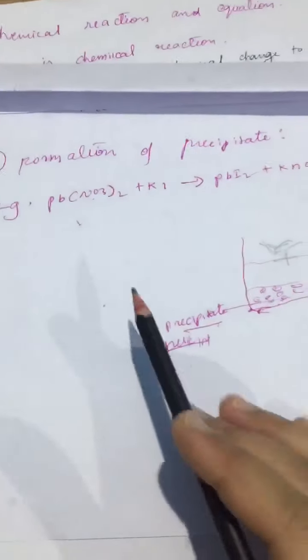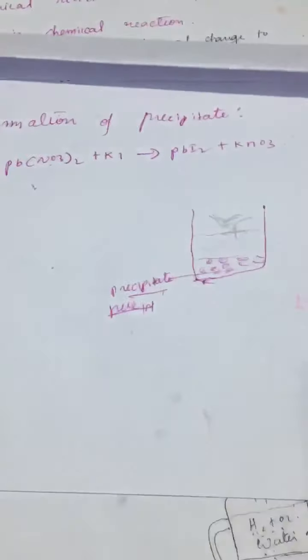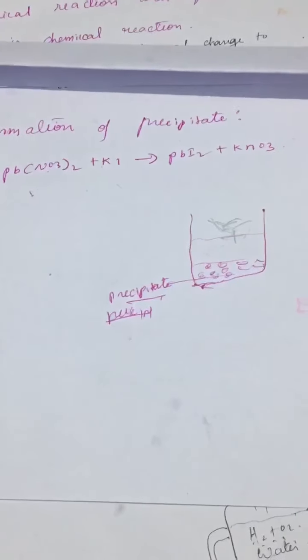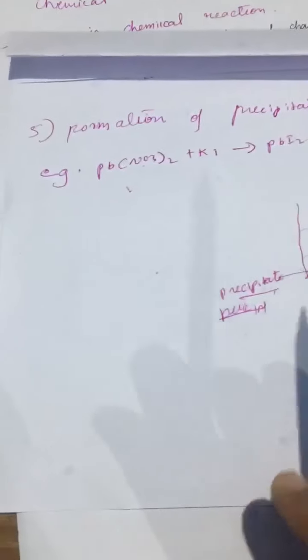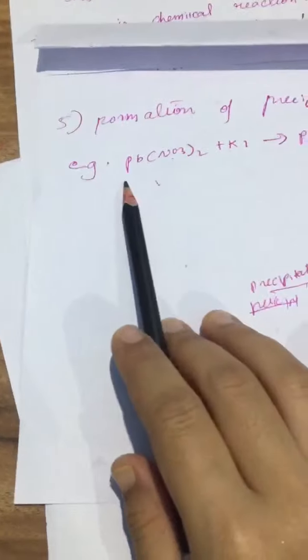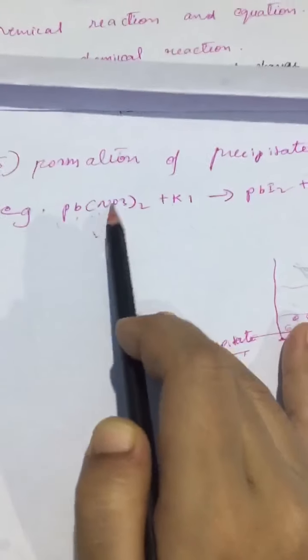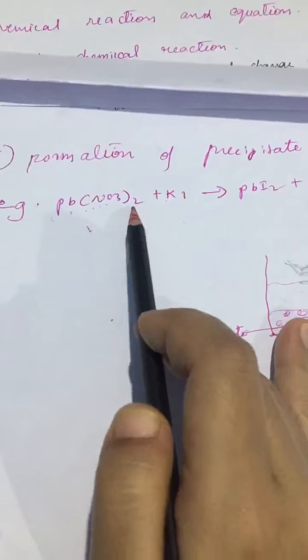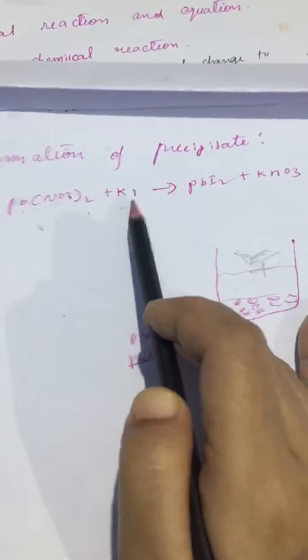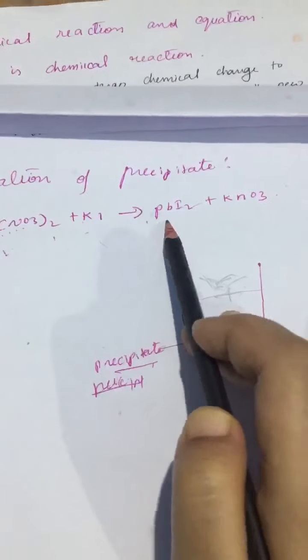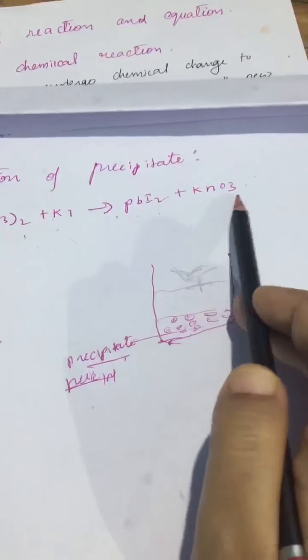And the last one, the fifth one, is formation of precipitate. First we will go to the example so that you will understand the definition too. Pb(NO3)2 plus KI reacts to give PbI2 plus KNO3.